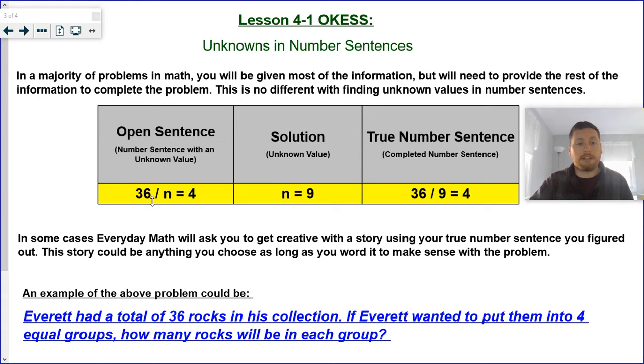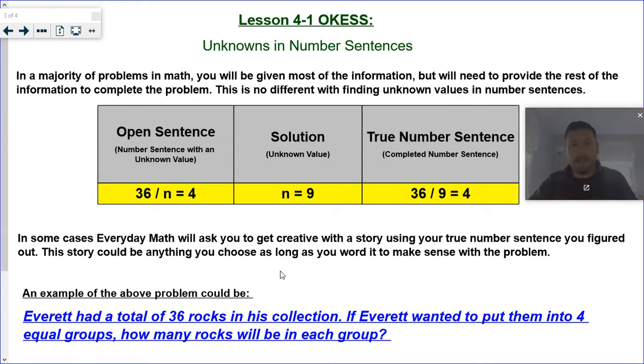So 36 I could do divided by 4 to equal what this is. Everett had a total of 36 rocks. I divide that by 4, and that gives me my answer of 9. I don't need to answer this because you've already answered that in order to figure out how to write your story.